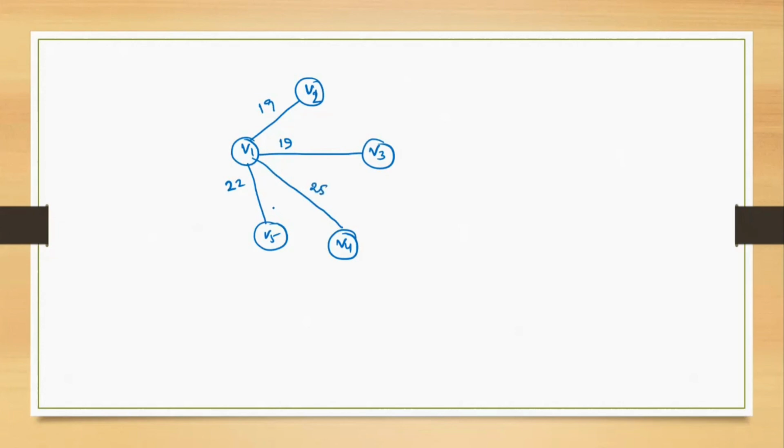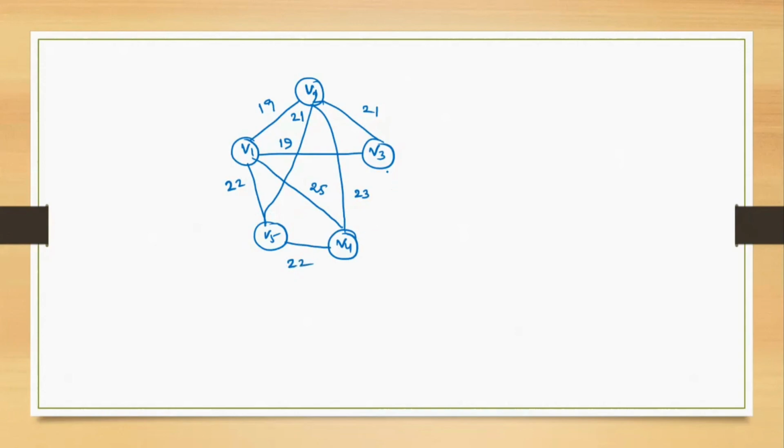Then V2 to V3, suppose the cost is 21 units. V2 to V4, suppose the cost is 23 units. V2 to V5, suppose the cost is 21 units. V4 to V5, assume the cost is 22 units.